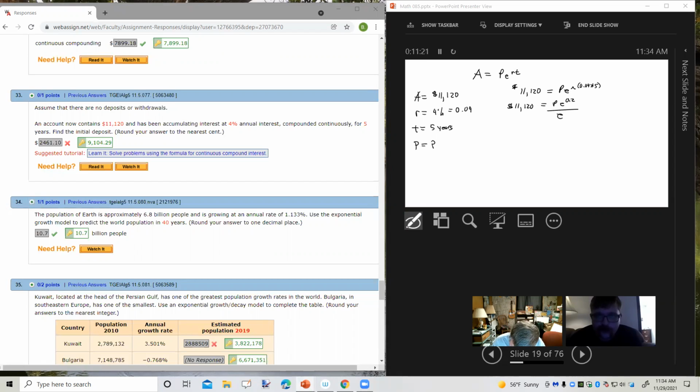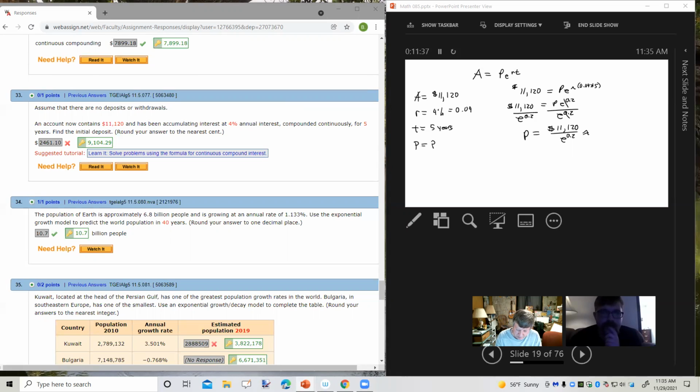So now we're going to divide both sides by e to the 0.2 power. So P equals 11,120 divided by e to the 0.2 power.